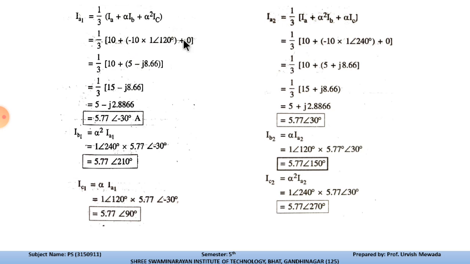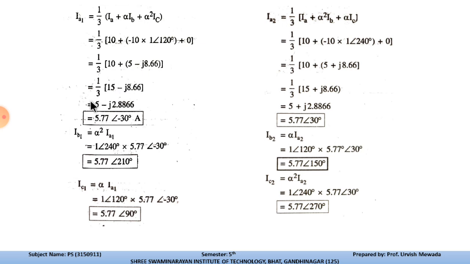So 1/3 of 10 plus 5 minus j 8.66. After solving this we will have this value, and 1/3 into 15 minus j 8.66.